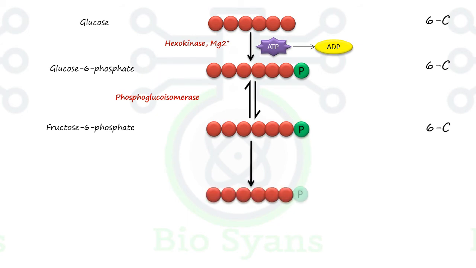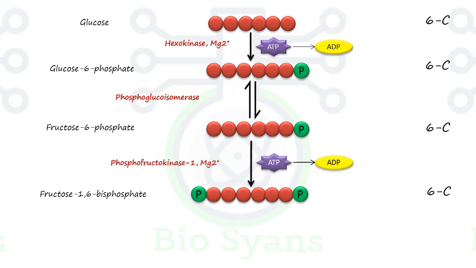Further, fructose 1,6-bisphosphate is formed by the addition of a phosphate group to fructose 6-phosphate. This irreversible reaction is catalyzed by phosphofructokinase in the presence of ATP. Now the fructose 1,6-bisphosphate is cleaved to produce 2 three-carbon molecules.